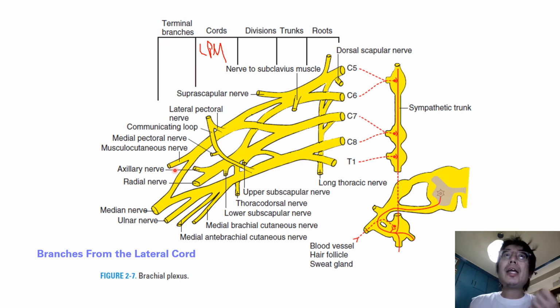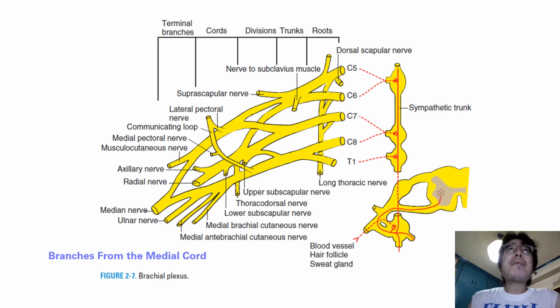And it will innervate these three muscles. To recall, it innervates the coracobrachialis muscle, which it pierces, and also the biceps brachii and the brachialis muscles.